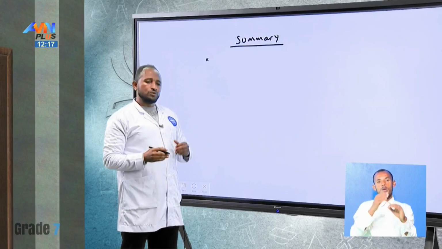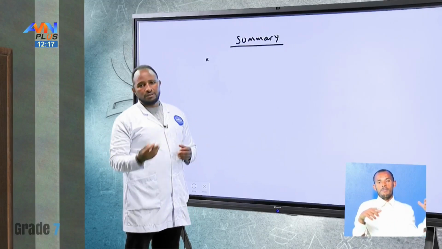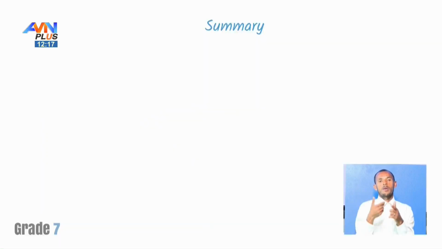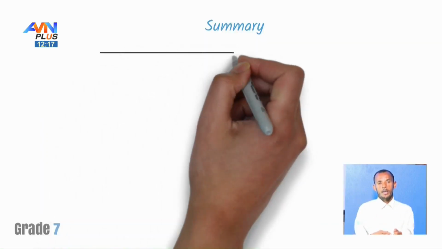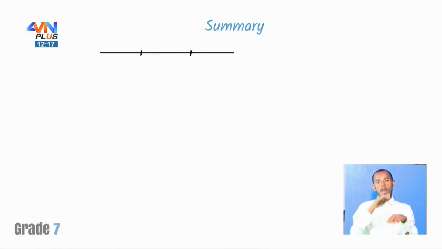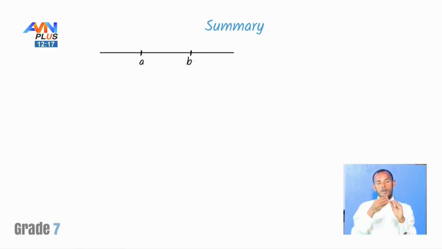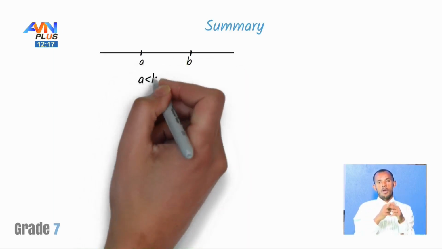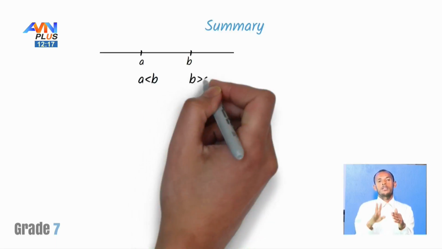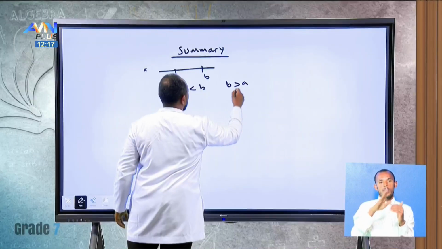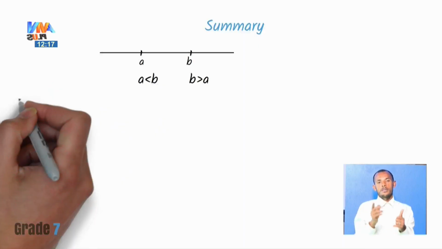The number which is to the left is smaller, to the right is bigger. So simply to compare two numbers, just locate the numbers on the number line. The number which is to the left is small, therefore A is less than B. The number which is to the right is bigger, that is B is greater than A. The first concept, this one.